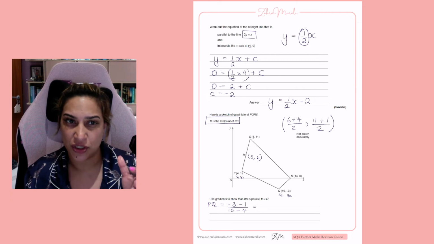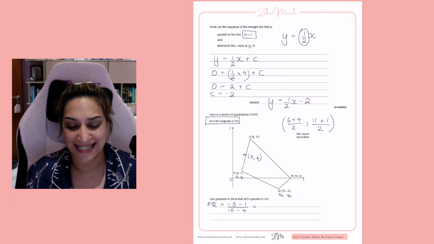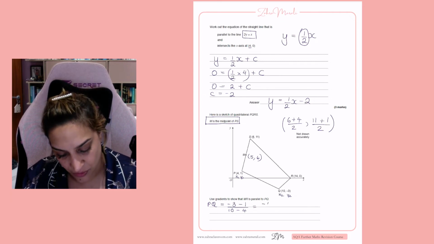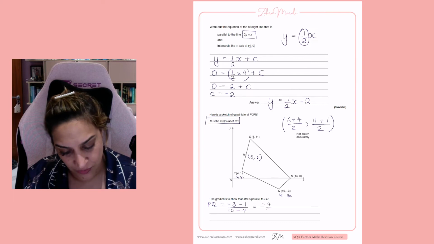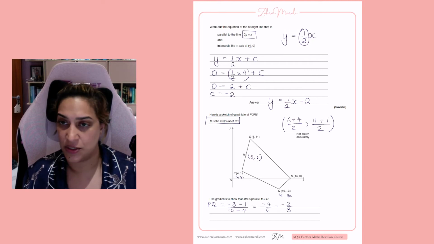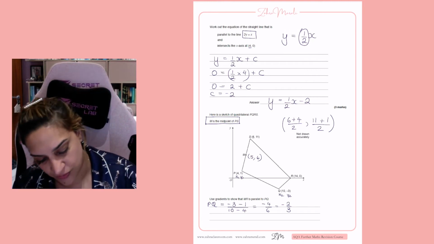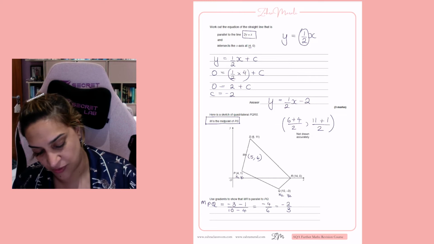Now, if you look at the slope, you're expecting a negative slope. I've got minus 4 over 6, which is minus 2 over 3. So that's the gradient of PQ.